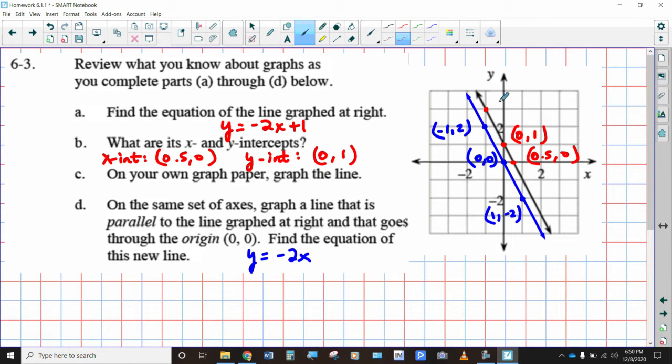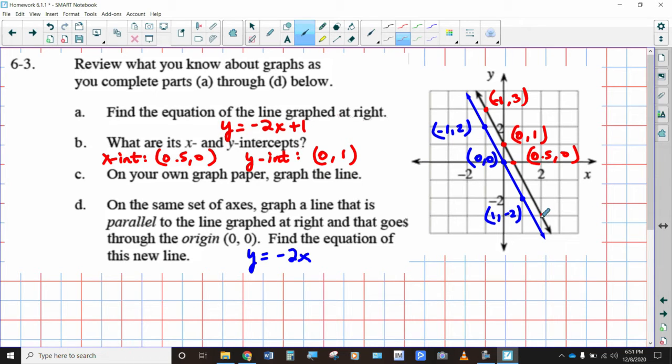So this point right here is -1, 3. So if I plug in -1 here, that's -2 times -1 is +2, and 2 plus 1 is 3. That is correct. Our y-intercept, obviously, when x is equal to 0, 0 plus 1 is equal to 1.